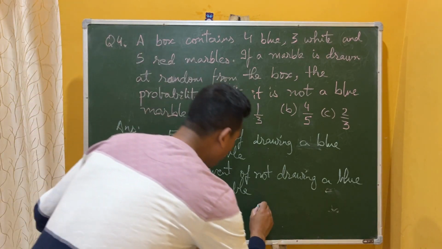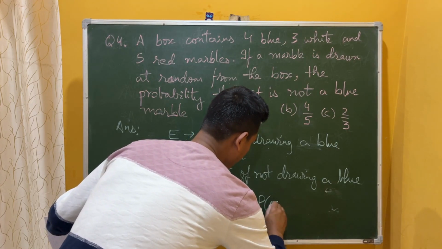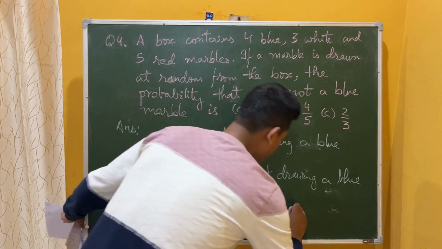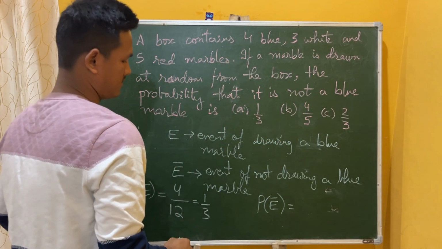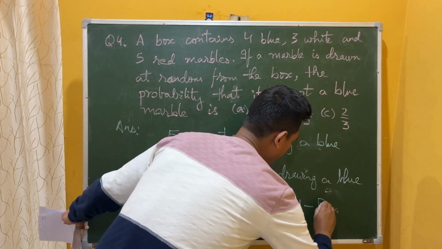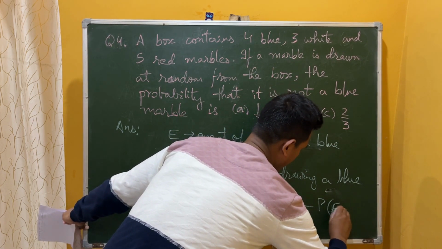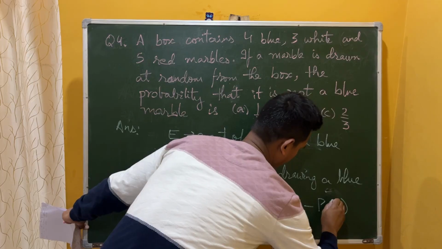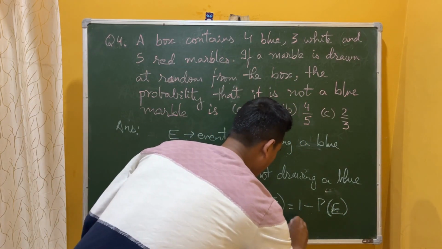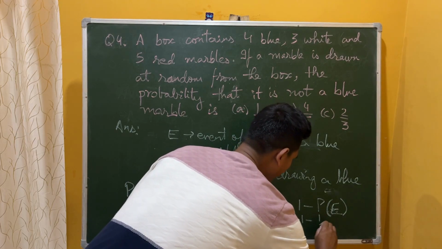While the probability of not getting a blue marble is 1 minus P of E. So you'll have to use this formula. So it is 1 minus 1 by 3.